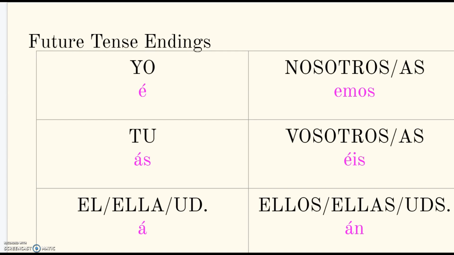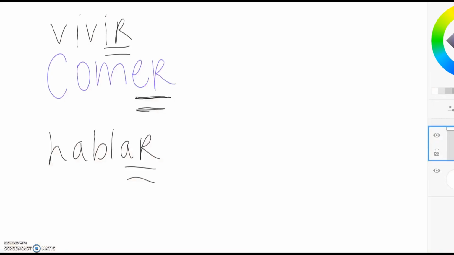Okay, so at the bottom of the first page of your notes, you'll notice that there's a big chart that has the verbs hablar, comer, and vivir. What you are going to do is go through and write the different conjugations for each of those verbs. I've already given you the infinitive, so you don't have to write it 24 billion different times.